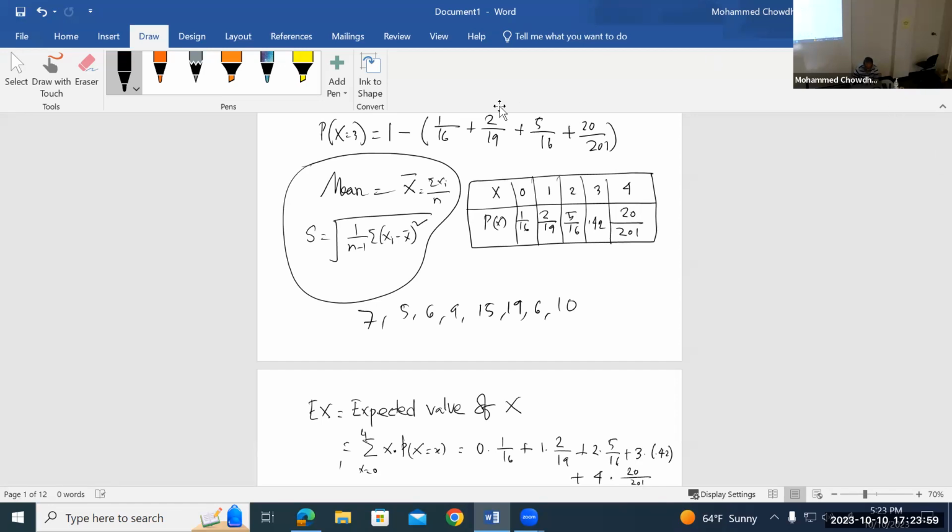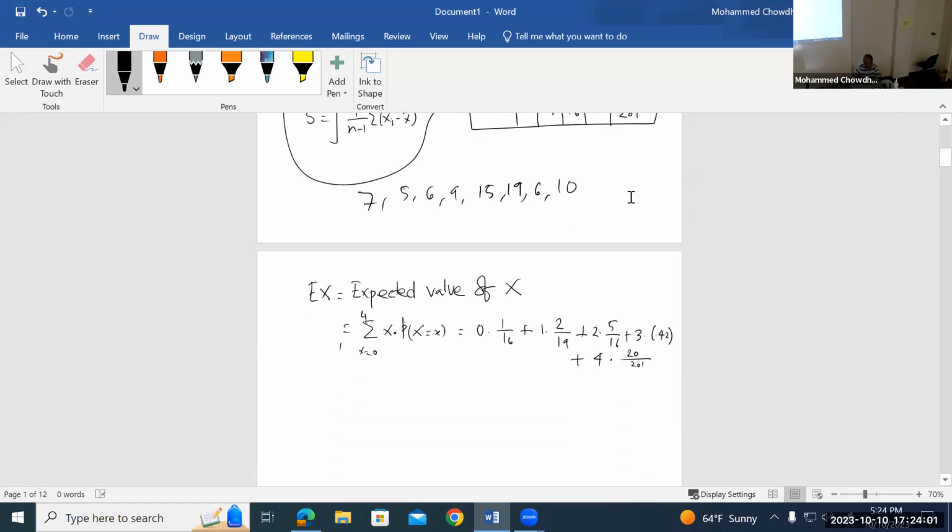That's the way you have to find the expected value. This is called the expected value of X, or mean, where X is a random variable, and its probabilities as well as the corresponding values of the random variable are given. You can find the expected value in this format.